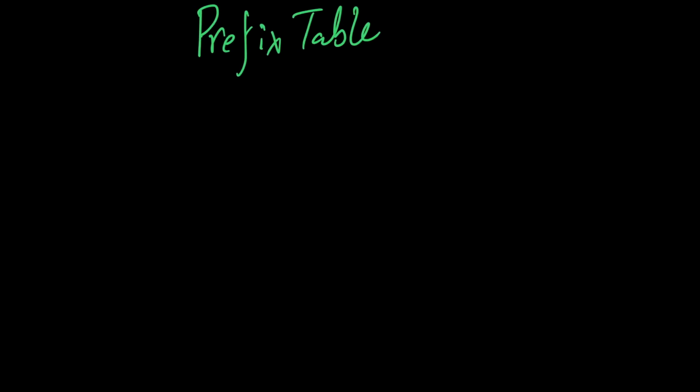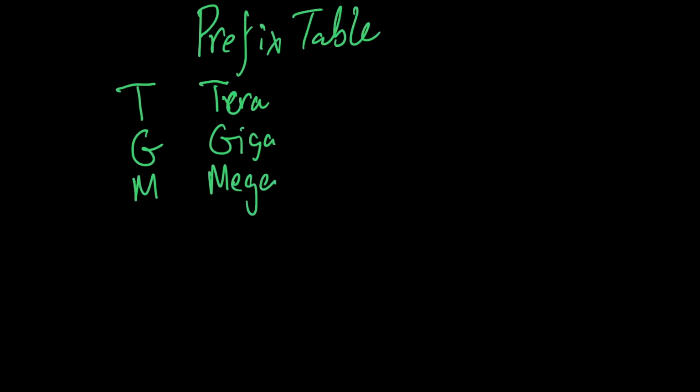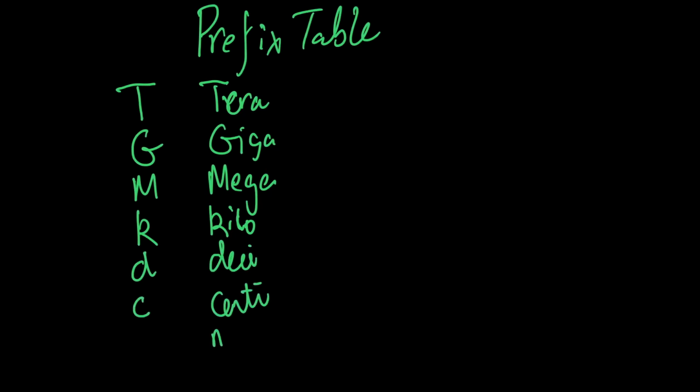So in physics, a prefix table would mean capital T, tera, then capital G, giga, then capital M, mega, then small k, kilo, and then you have deci, small d, centi, small c, milli, small m, and I'm done with my space.